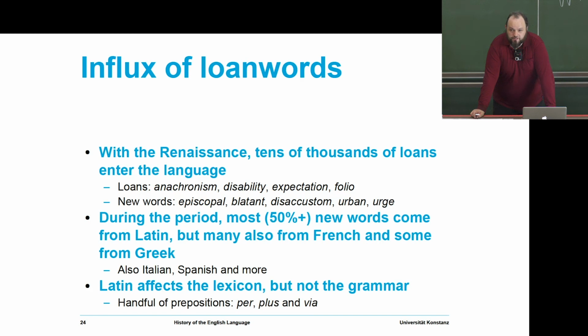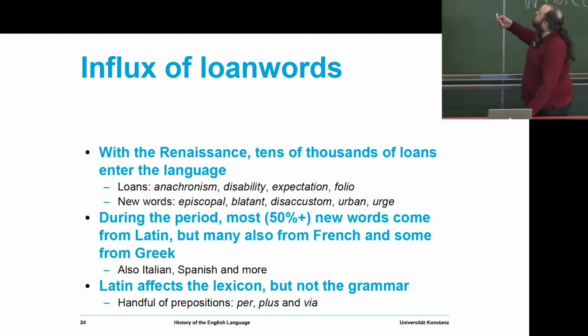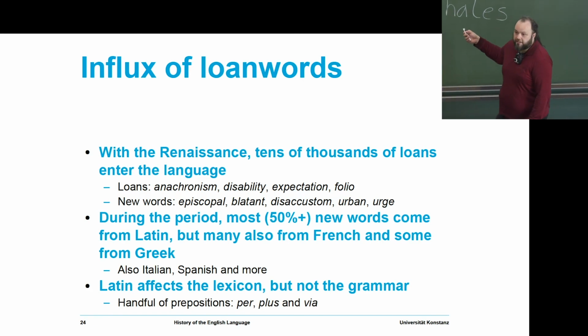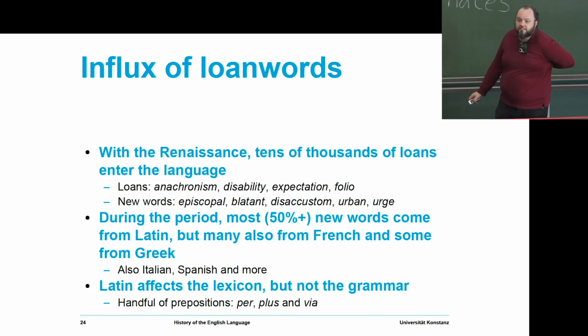Also, there's very, very active trade and political relations with the Continent, so we get lots and lots of other things happening to do with French words. The French connection continues. We find loans like anachronism, disability, expectation, folio, sometimes romance-based, sometimes like anachronism, actually ultimately Greek-based, Greek-derived, sometimes via Latin from Greek.